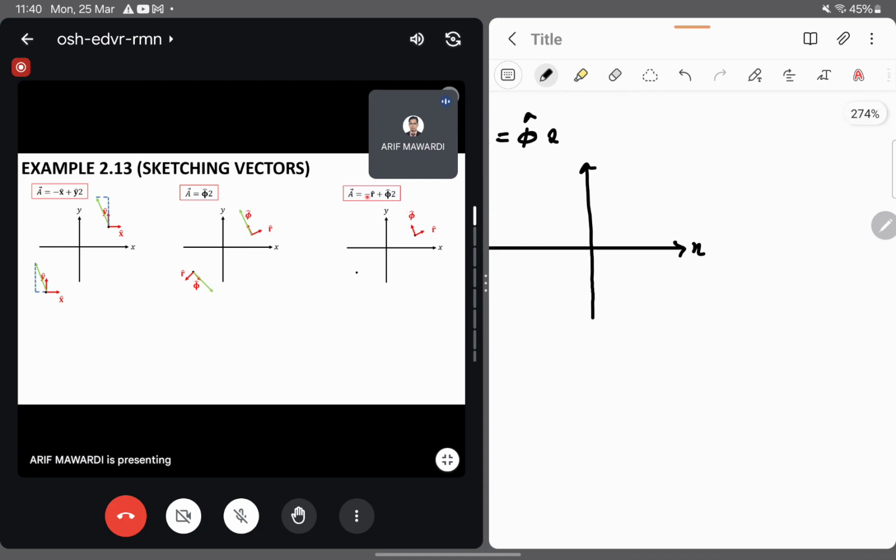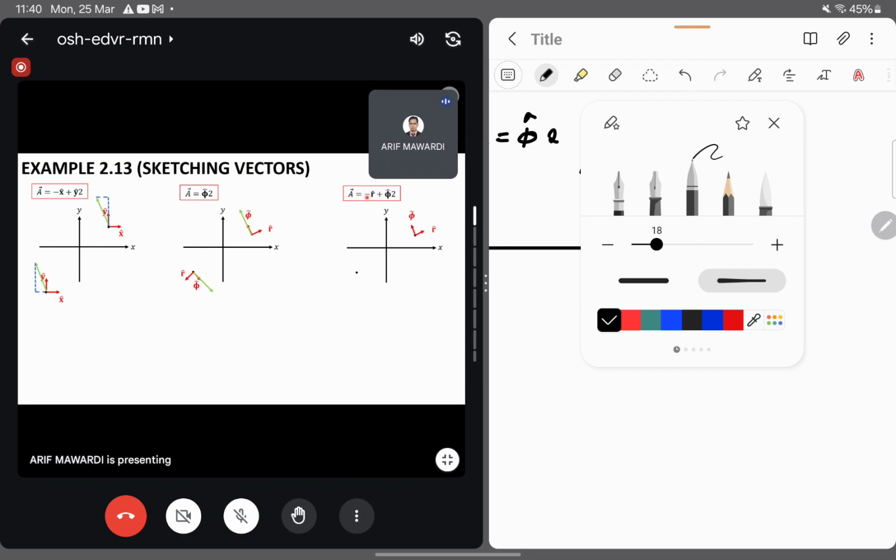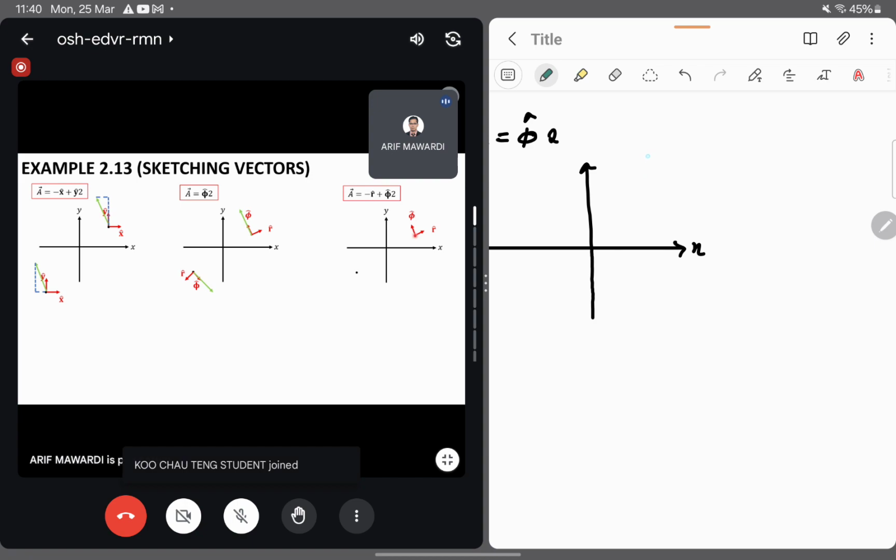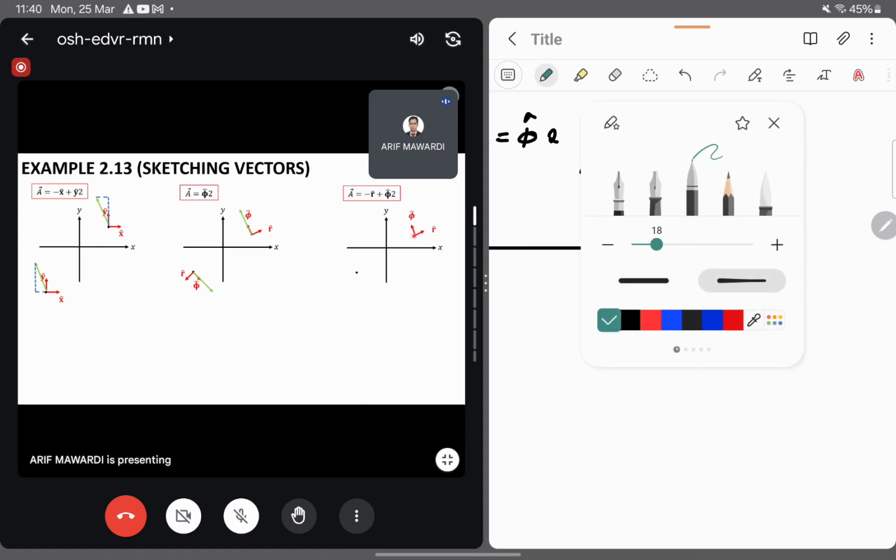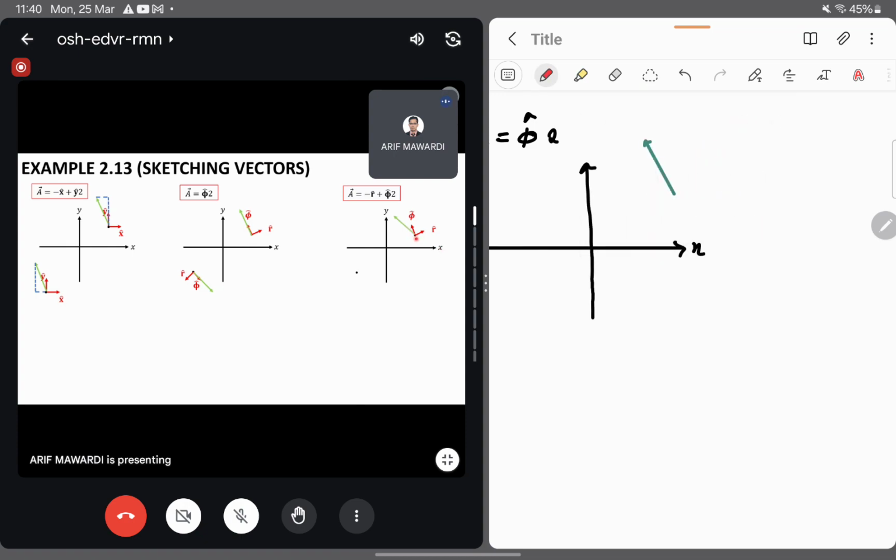For the r component, it is negative, so it should be along this direction, and it is 1 unit. So if I were to sketch the vector, it should look like this. It has both the phi component and the r component.